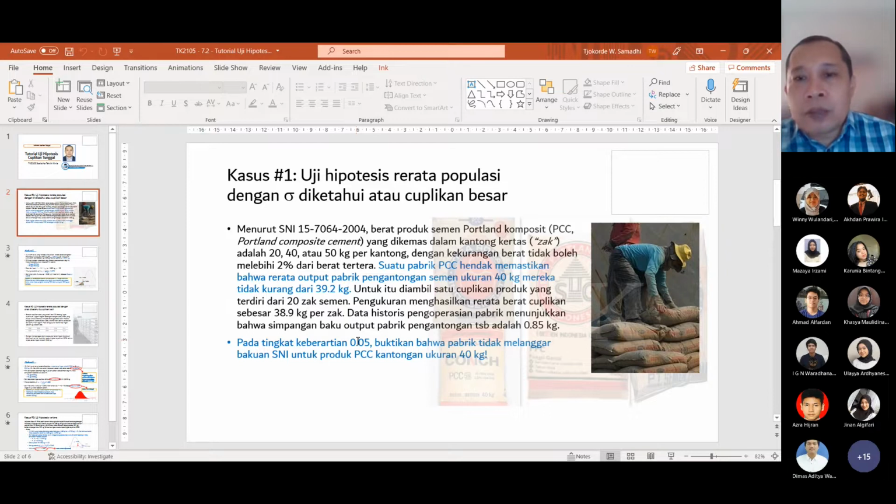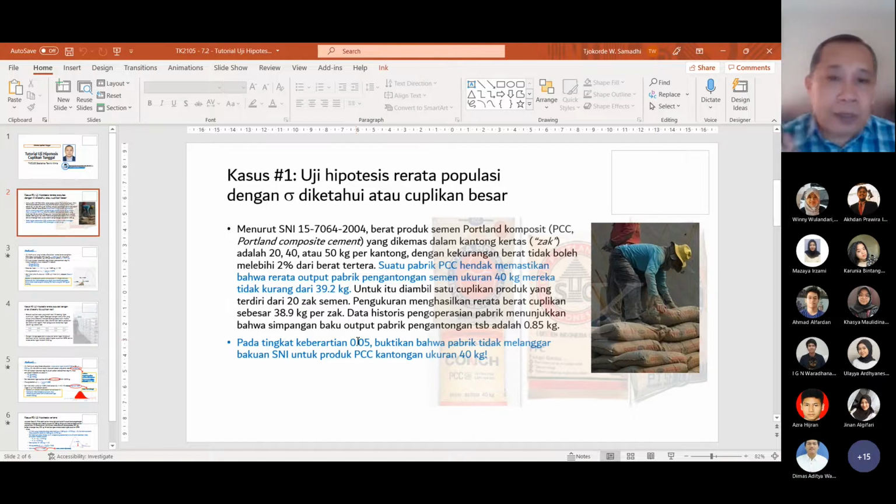And you should remember from our past discussion that the 5% in alpha denotes the risk of making a type 1 error. Now go back to your notes and refresh your memories. What is the definition of type 1 and type 2 error? Again, alpha refers to the risk of making a type 1 error.